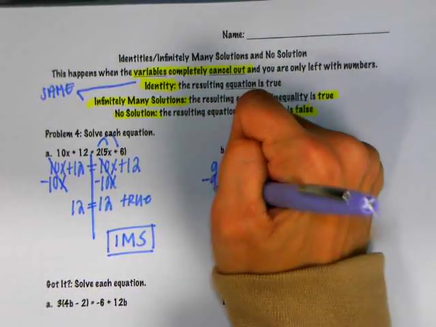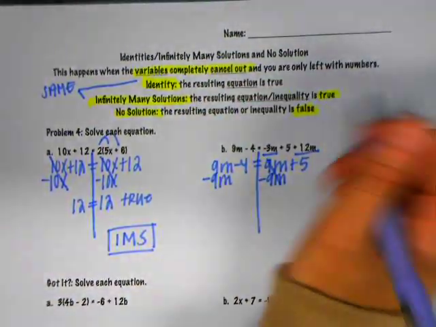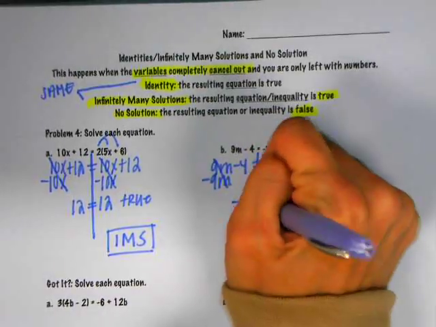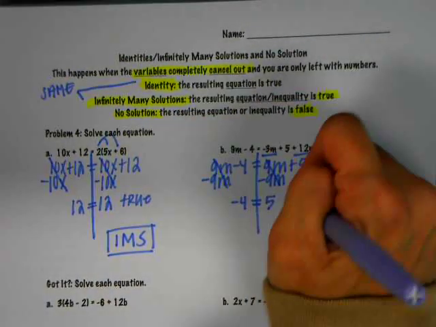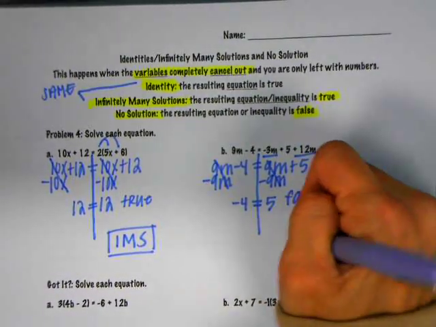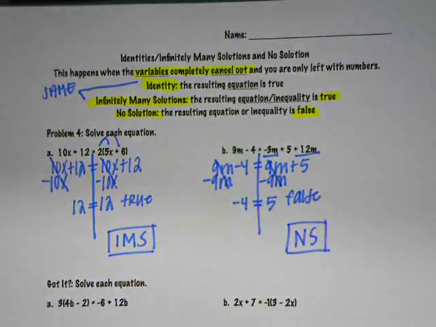Where's the other m? Okay, so it's 9 minus 9? 0. So you get negative 4 equals 5. Is that true or false? False, yep. So you know your answer is going to be no solution. Good? Okay, try those next two.